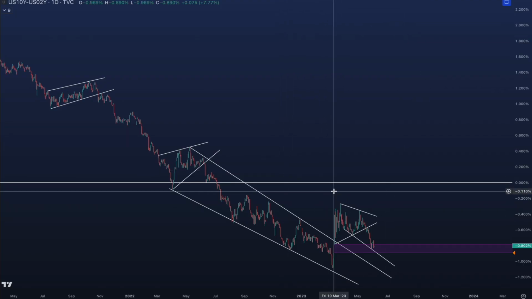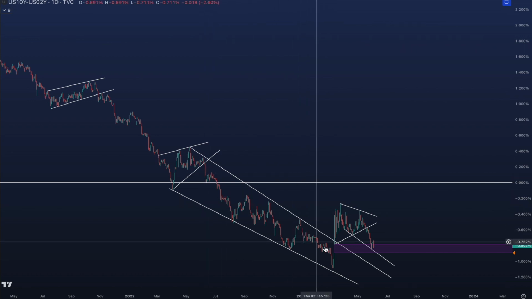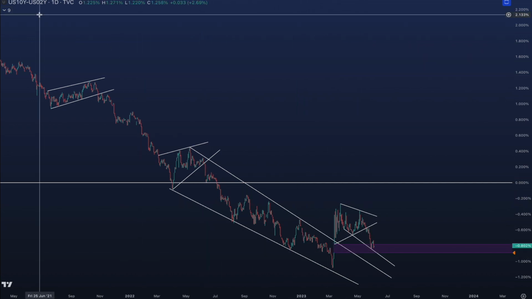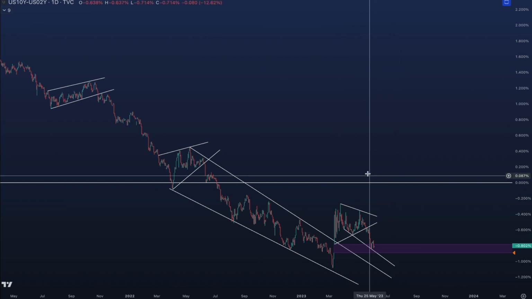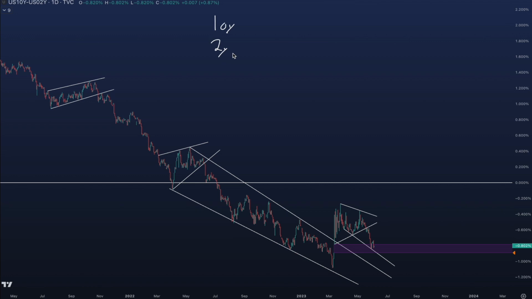Okay, so let's take a look at this chart here. What we have right in front of us is the inversion of the 10-year minus the 2-year. We're seeing the spread right here, and basically, normally when the 10-year is yielding more than the 2-year, we are in a healthy market environment.